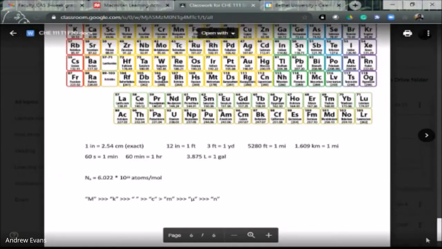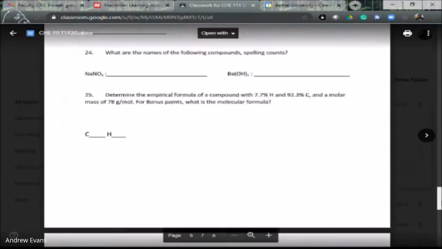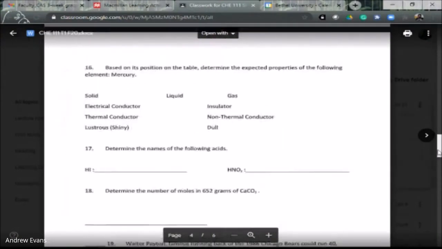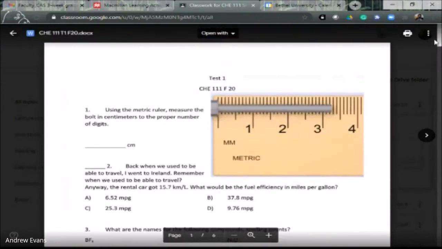These are all present here, but you could also look them up on a take-home test. I give you Avogadro's number and I give you the units. There's actually a few more equations that I could give you, like density, grams to moles, all that stuff. You need to be able to use that.